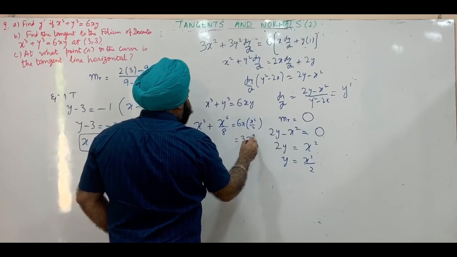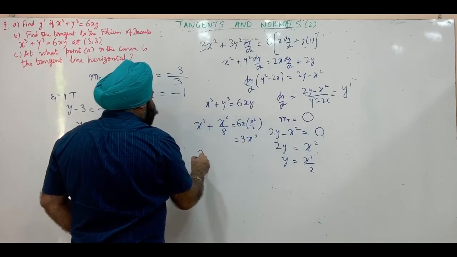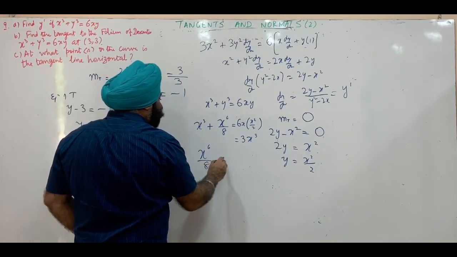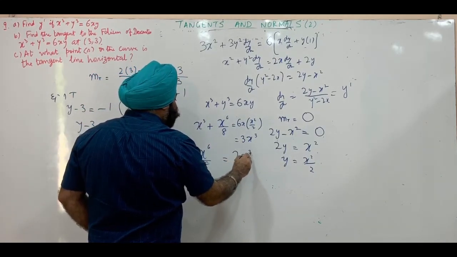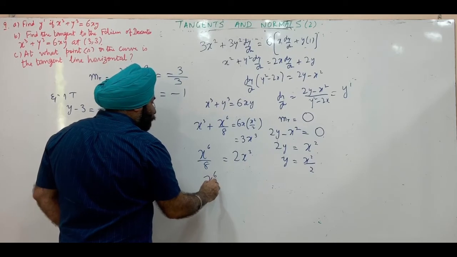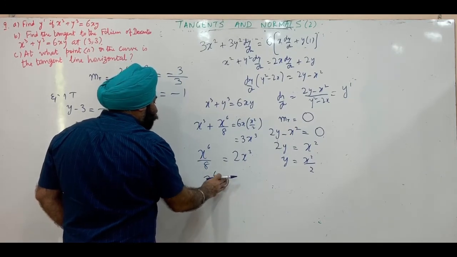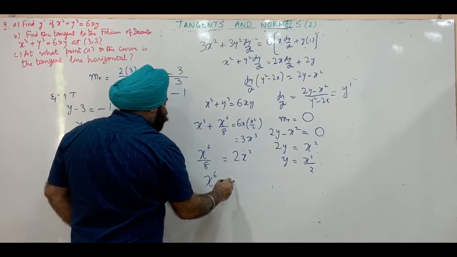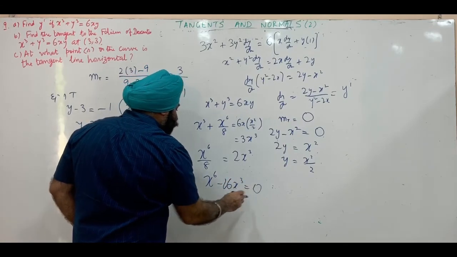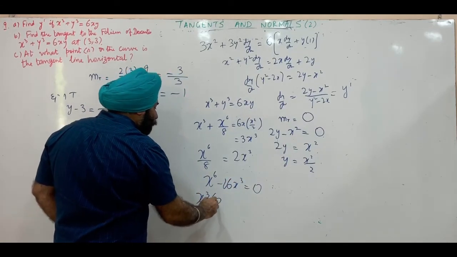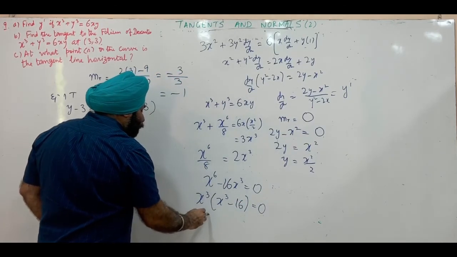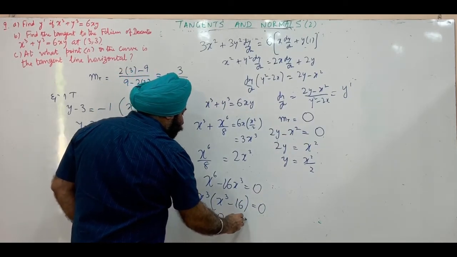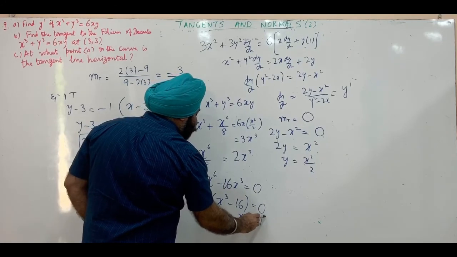This is 3x cube. So x raised to 6 upon 8 is equal to 3x cube minus x cube, which is 2x cube, or x raised to 6 minus 2 into 8 is 16, x raised to 3, this is 0. Taking x cube common, x cube minus 16 is equal to 0. This is x equal to 0 or x is equal to 16 raised to 1 by 3.